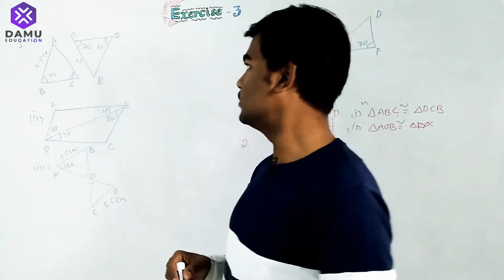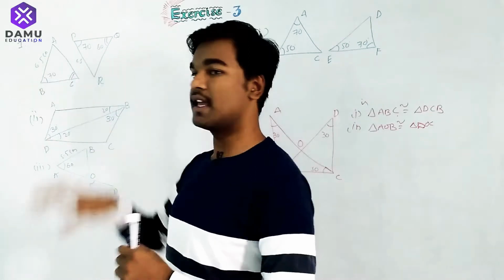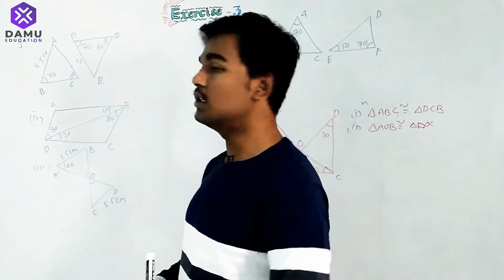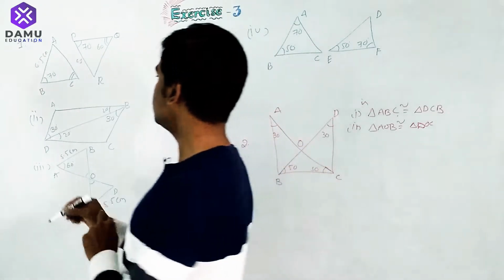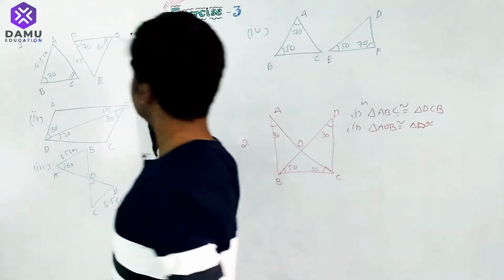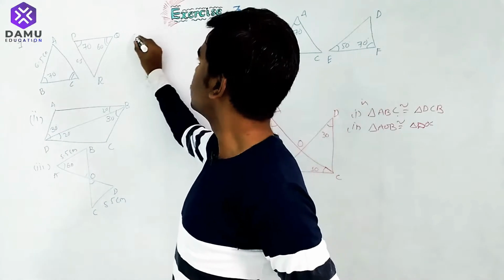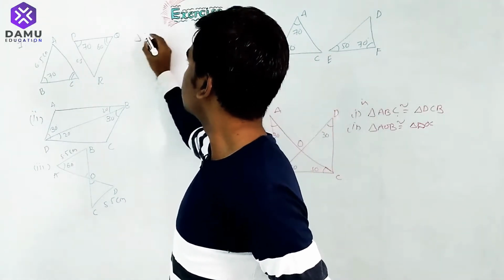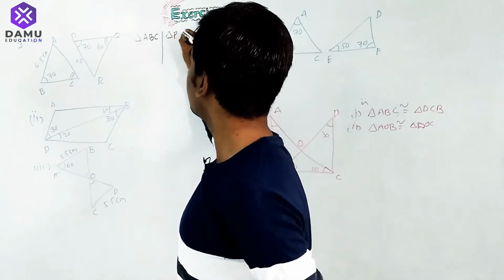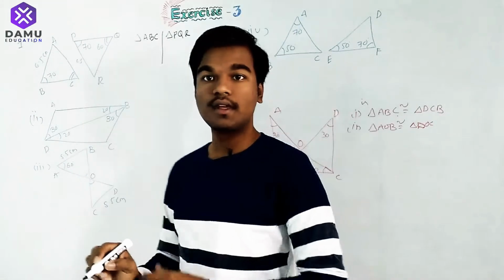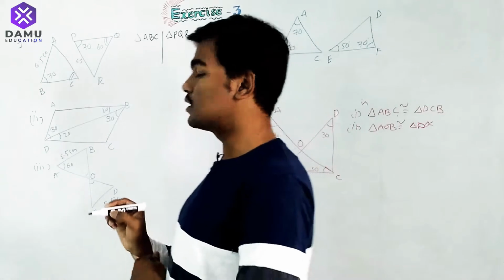So first question, they are given triangle ABC and triangle PQR. We need to write first which things are given.